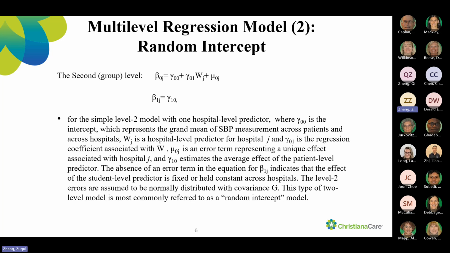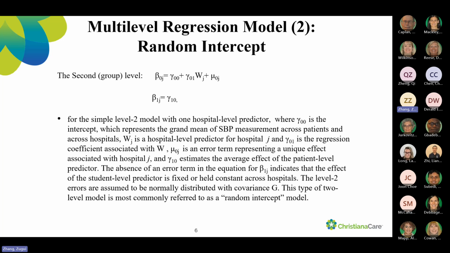When we consider the second level, for the simple level 2 model with one hospital level predictor, we can consider patients in the hospital. So the patients will be in the hospital, and then we will have a second level function.